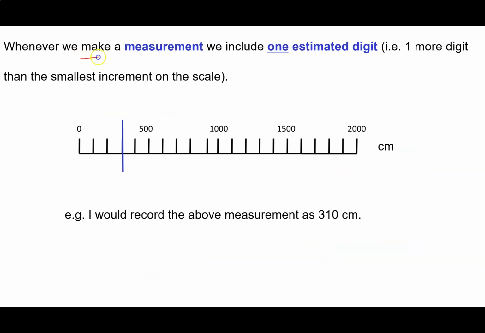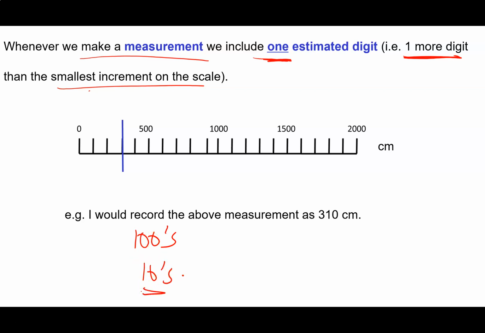So whenever we make a measurement, we're only going to include one estimated digit, that is, we're only ever going to go one more digit smaller than the smallest increment on the scale. In this case, the scale has markings in the hundreds, so I'm going to guess one number in the tens. I'm only going to guess one.